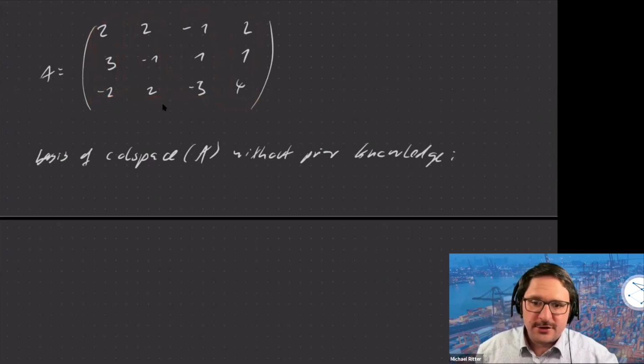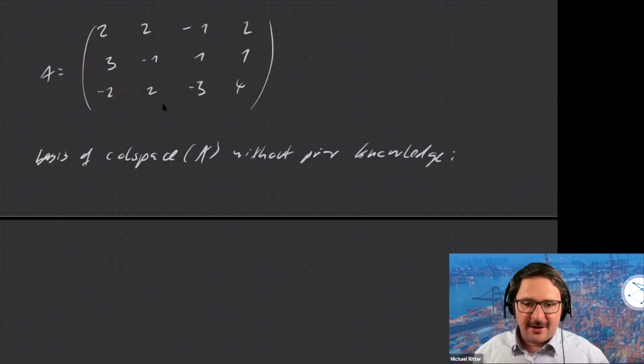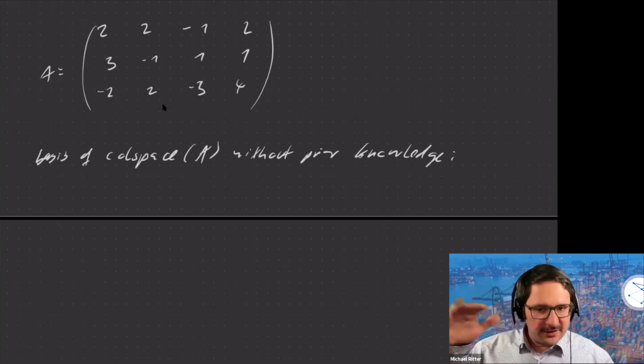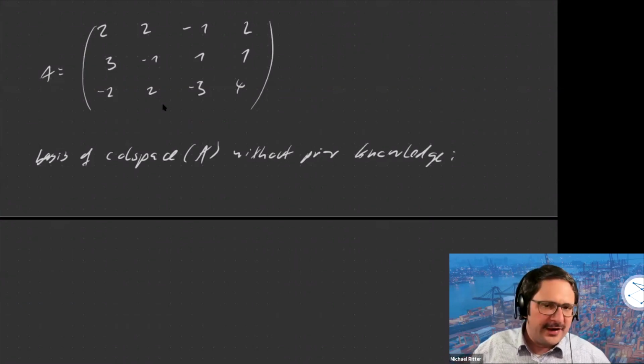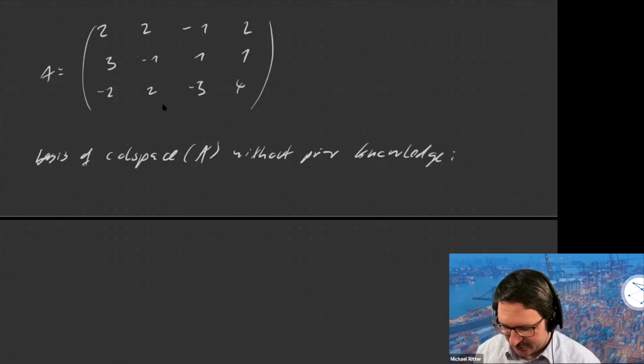We usually do this by applying Gaussian elimination to these vectors until we have a linearly independent subset plus a number of 0 rows. To do that, it's convenient to write the vectors as rows. So I'm going to do just that.